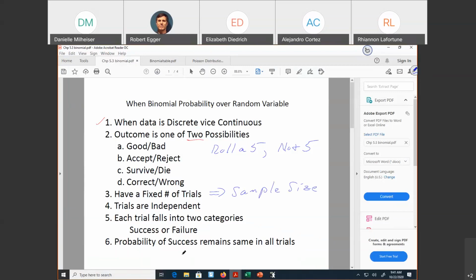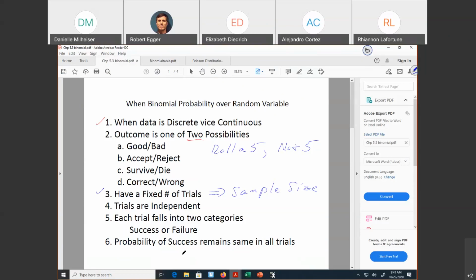In this population, I have a probability of rolling a 5 of 1 out of 6. What's the probability of rolling a 5 3 times out of 8 rolls? Sample size 8. All right, trials. So we have to have a fixed number.